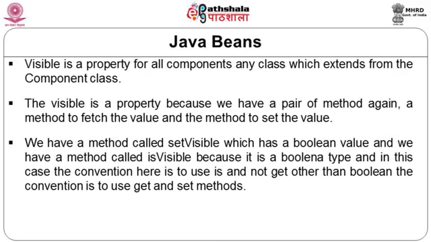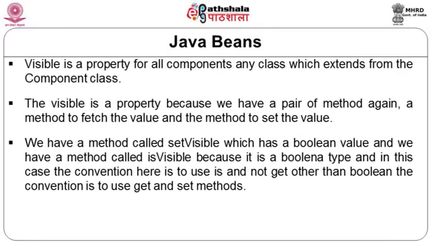We have a method called setVisible which requires a Boolean value, and we have a method called isVisible. Of course, because it is a Boolean type, in this case the convention is to use is and not get. Other than Boolean, the convention is to have get and set methods.